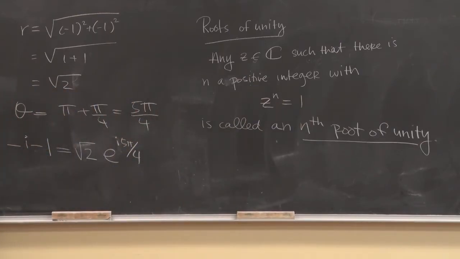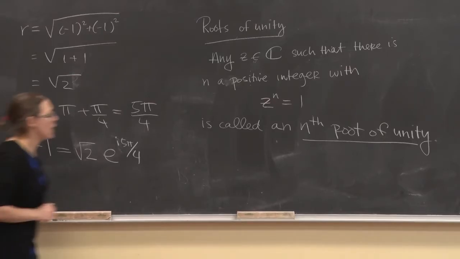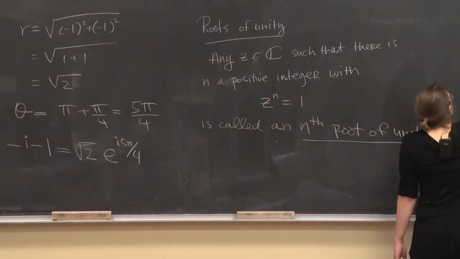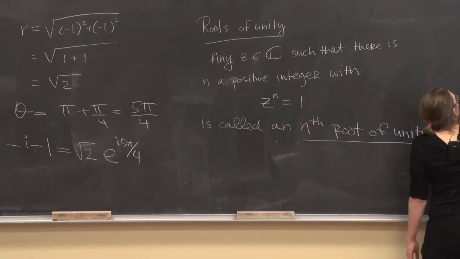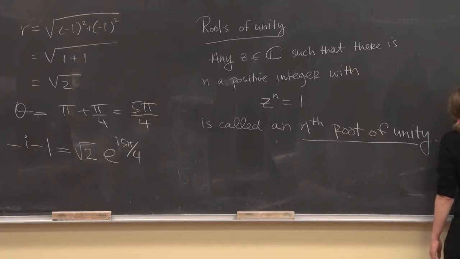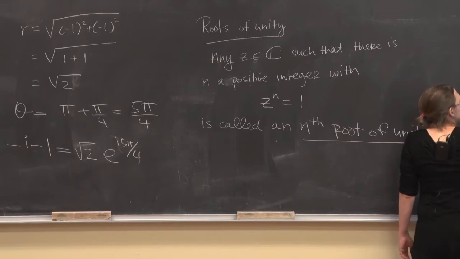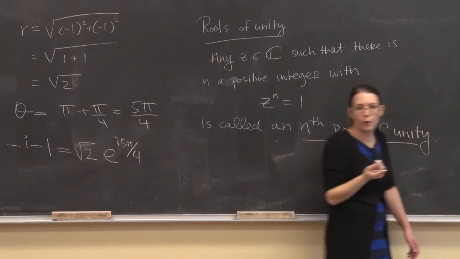Okay, so this is not meant to be very scary. The idea is like the square root of 2. That's some number z such that when I do z squared, it is 2.